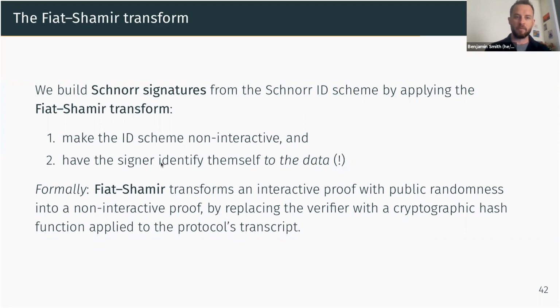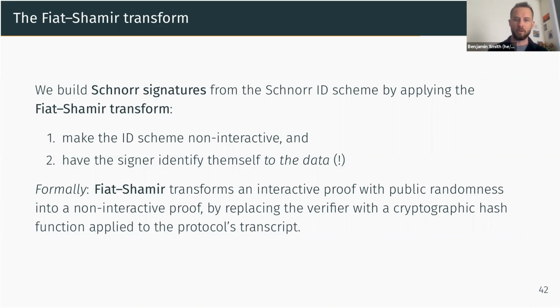So the Fiat-Shamir transform does this by making the ID scheme non-interactive and making the signer identify themselves to the data. So basically, the data is going to drive the verifier in this sense. And therefore, anyone can be the verifier and replay this verification because they've got the data for the signature they're trying to check. Okay, so the signer will play the verifier in the first instance using the data, and then everyone else that has the data later on can replay the same script.